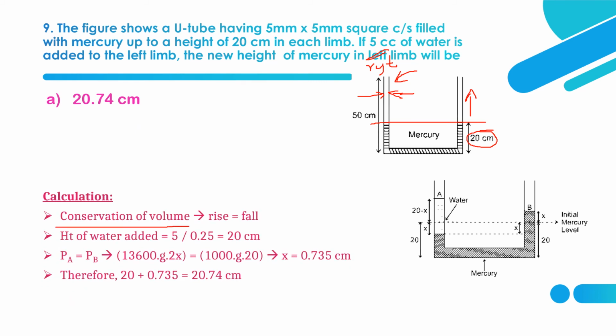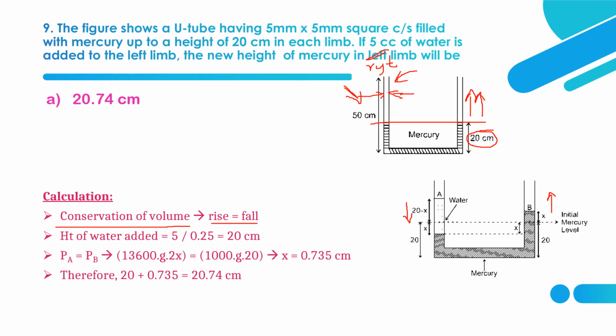When we add something in the left limb, the same amount of rise will happen in the other limb. So rise is equal to fall. Whatever rise happens in one limb, the same amount of fall will be there in the other limb. So this is how conservation of volume occurs.